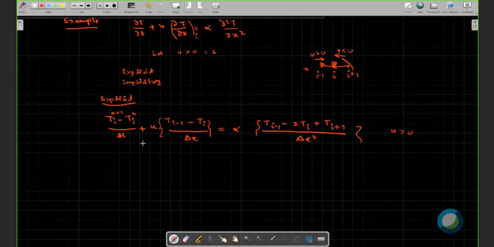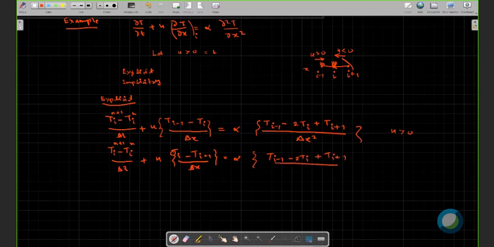If it is u less than 0, then this equation will become T n plus 1 minus T n over delta t, plus u times T I minus T I plus 1 divided by delta x, equals alpha times T I minus 1 minus 2 T I plus T I plus 1 over delta x square.